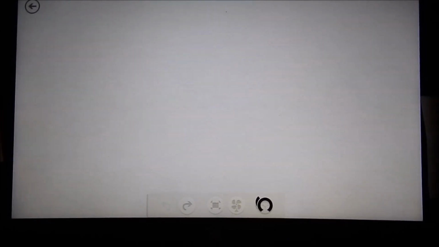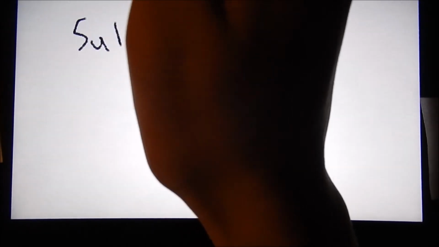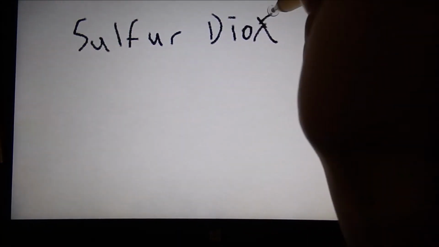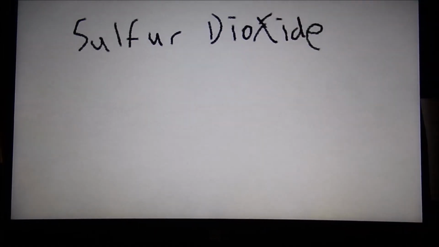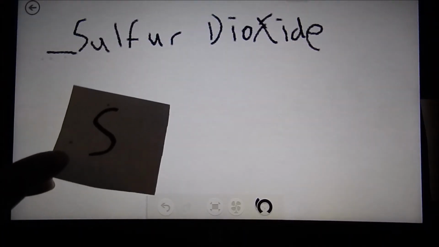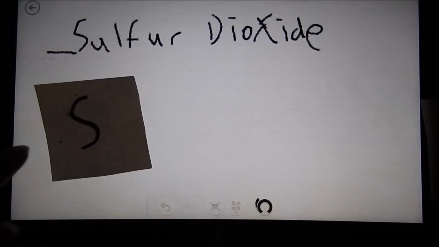Next up is sulfur dioxide. Like the last one, because the first element does not have a prefix, we know that there is only one sulfur atom.